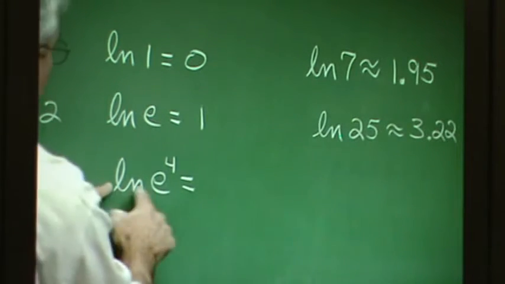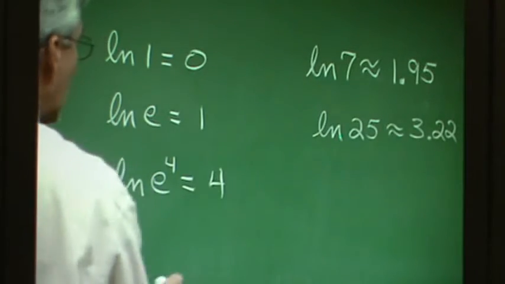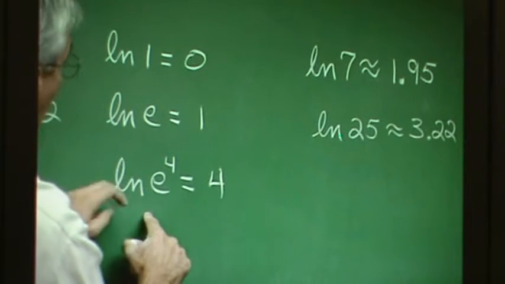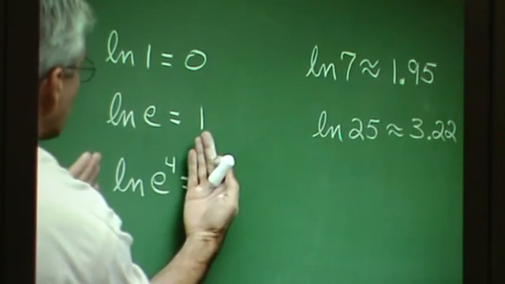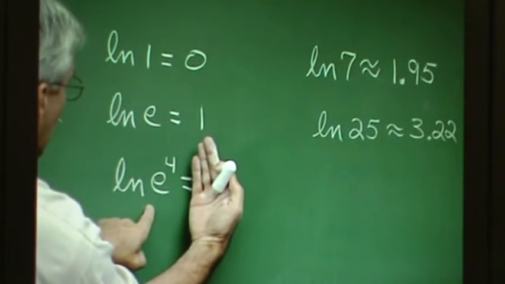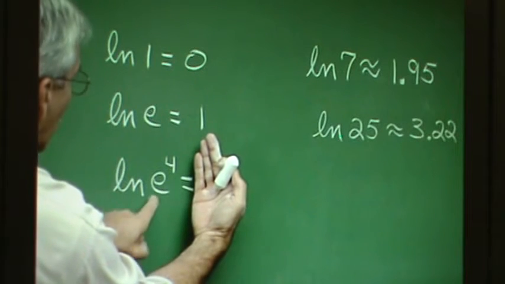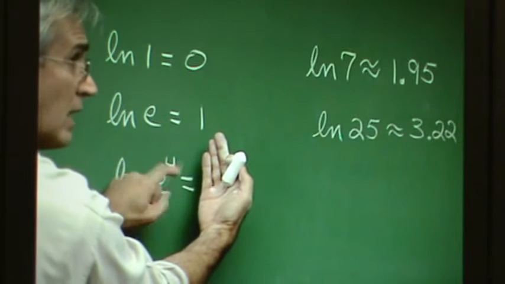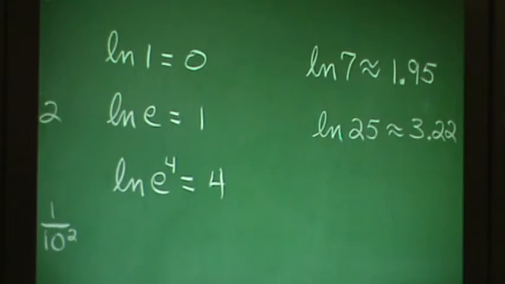And again, ln e to the fourth is simply 4, because this is log base e of e to the fourth power. This is a request for the exponent on understood e that will give e to the fourth. What exponent needs to be applied to that e? Well, a 4 does. So we just read it off like that.